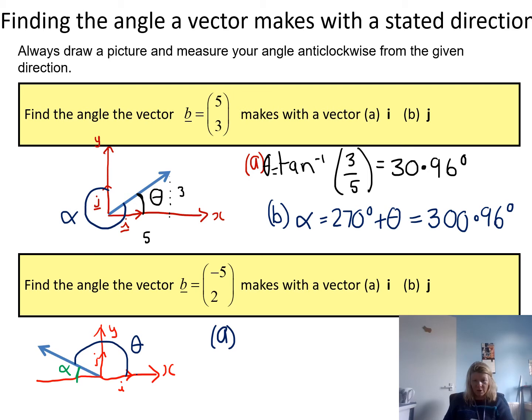So if I write this one first, alpha would equal tan to the minus 1 of opposite over adjacent, which works out as opposite is the 2, adjacent is the 5. Don't put in minus 5, it just confuses matters and gives us obtuse angles. So if you just do that, you get a nice acute angle of 21.8, I think.